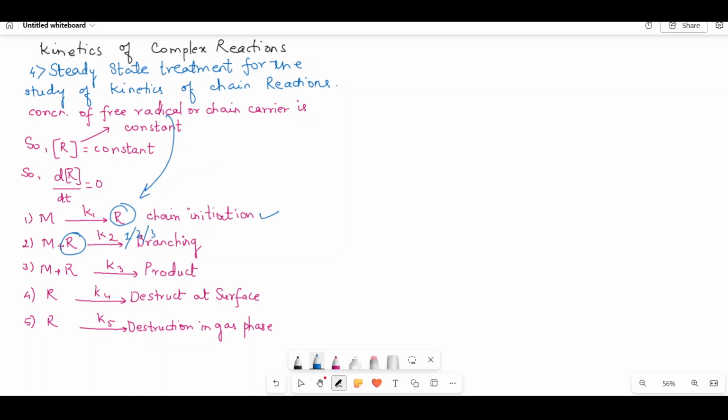In the third reaction, products are formed along with a radical. Now reactions 4 and 5 are supposed to be chain ending processes.